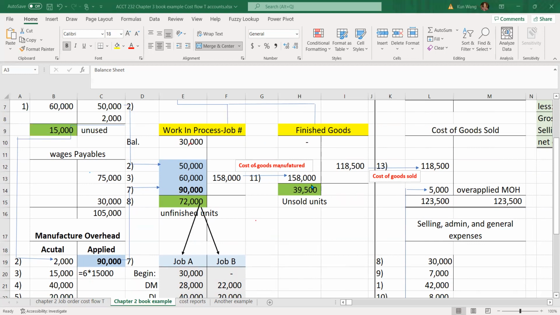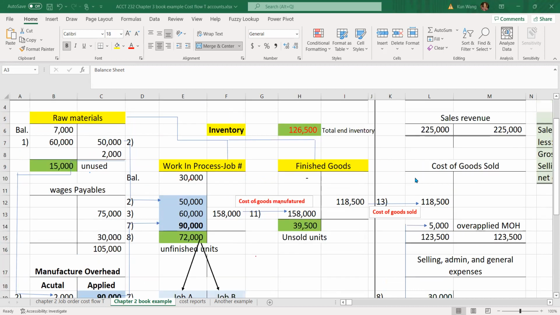And then continue looking at the flow. So after the finished goods, assume among this 158,000, we sold some, most of them, okay, not all of them, in the amount of 118,500. And the finished and sold units, their cost is labeled as cost of goods sold, and this is the same account we put in the income statement.